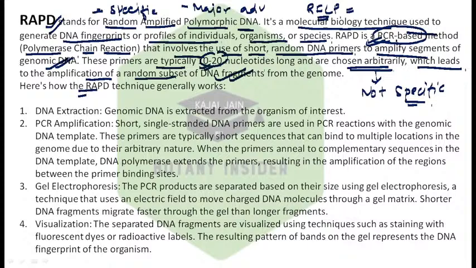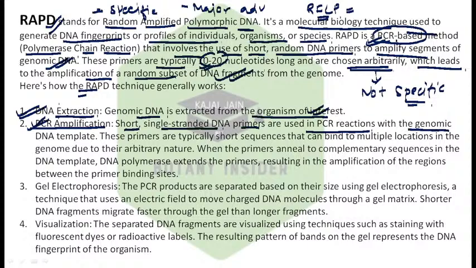What we do in this technique is that we first isolate our DNA from the genomic DNA. We extract the genome of our interest and then we do the PCR amplification step. We use a short single stranded DNA primer which is used in the PCR reaction with the genomic DNA template.